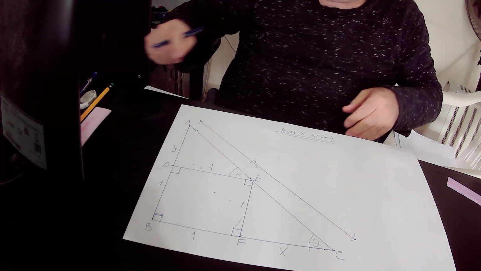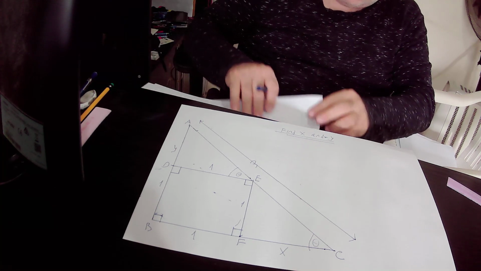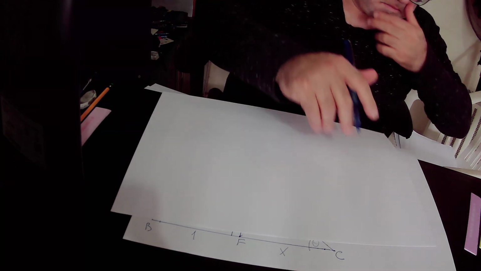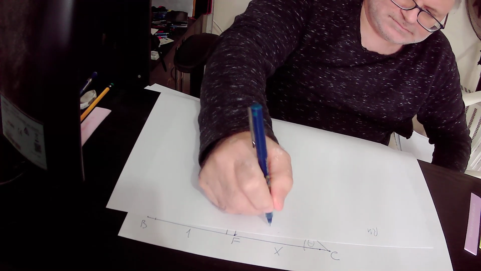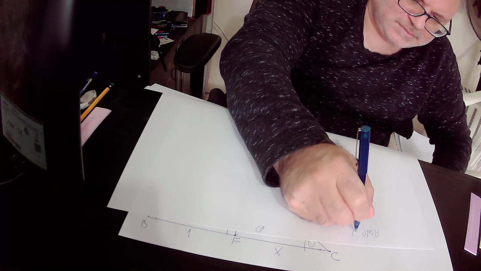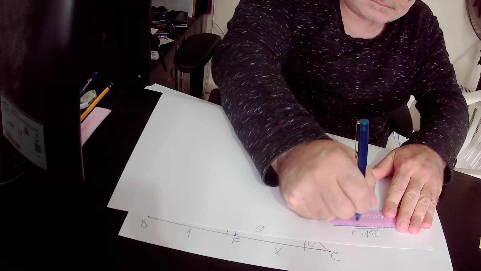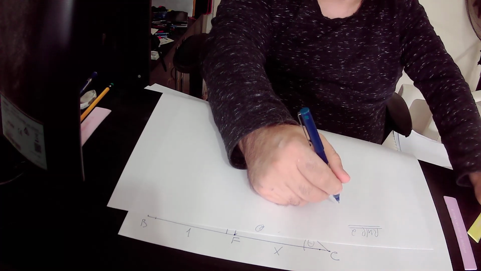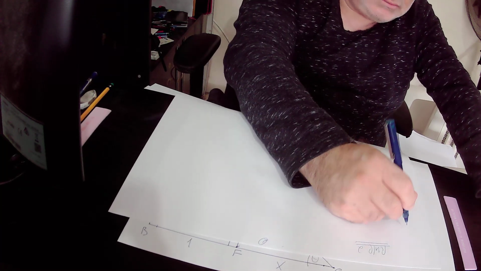In the next step, I will present to you a new rule, rule number 2. According to rule number 2, the sum of the angles on one side of a straight line is equal to 180 degrees. I will write it down.